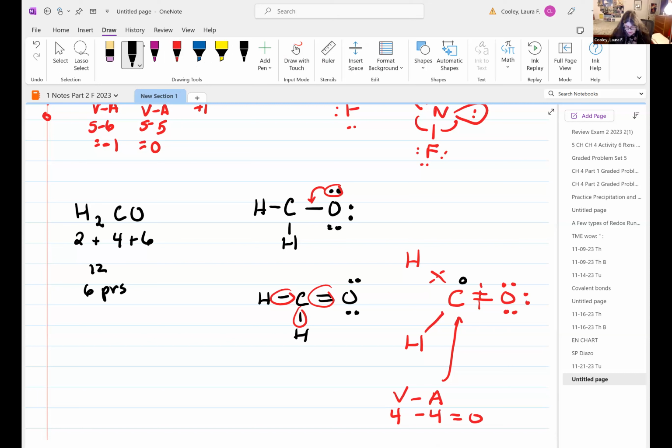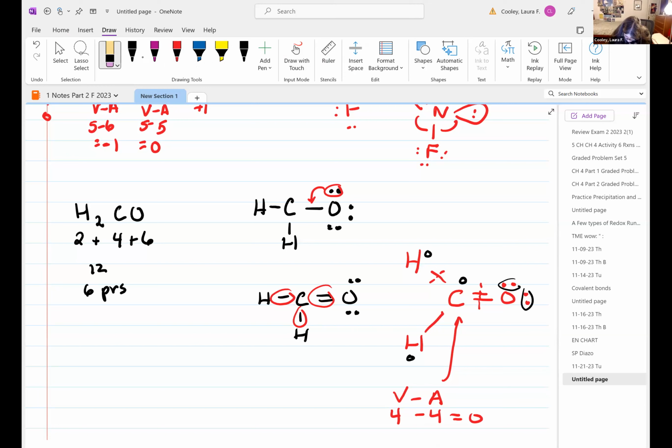Formal charge on hydrogen is just about always 0, as it has 1 electron. And the valence is 1, and it has half of 1 bond, which is 1, so the formal charge is 0. Oxygen, we have 1, 2, 3, 4. What did I do here? Oh, I have an extra lone pair here.